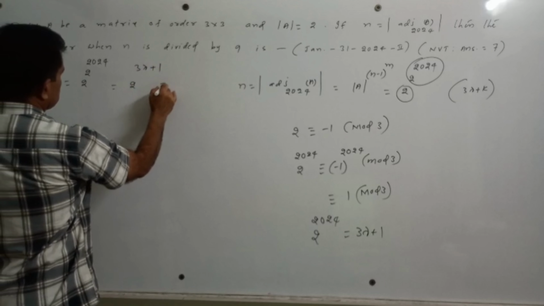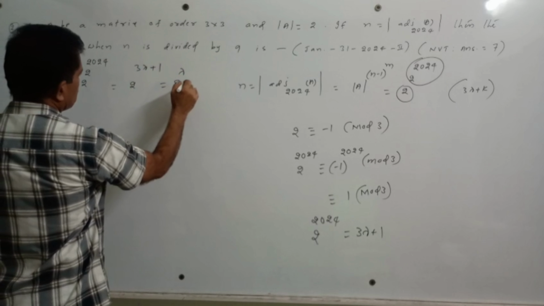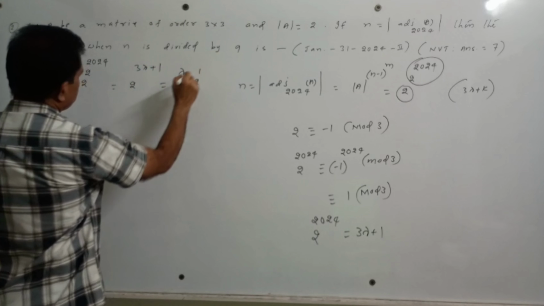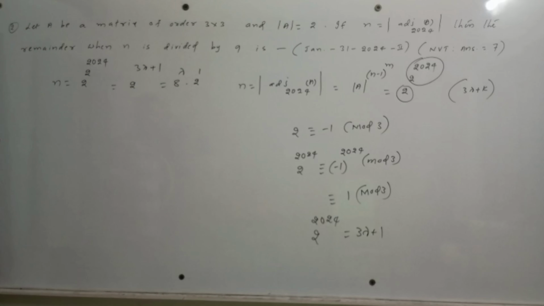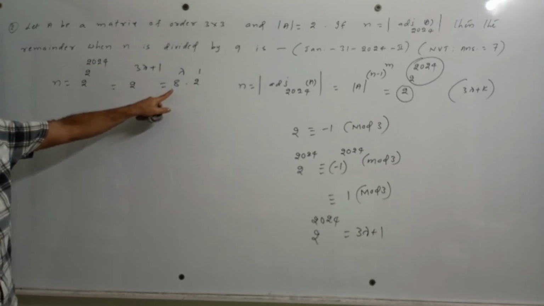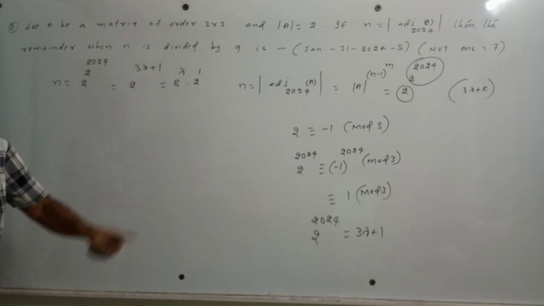Further, I can say this can be written as 8 to the power of lambda multiplied with 2 to the power of 1. So 2 to the power of 2 to the power of 2024 can be written as 8 power lambda into 2 to the power of 1.